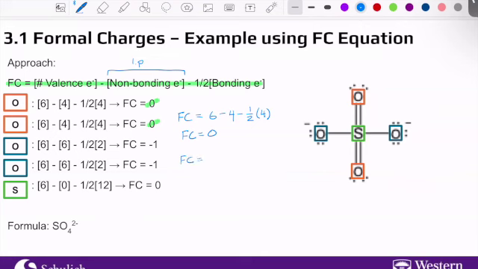Formal charge is equal to, it's again 6 because oxygen has 6 valence electrons, minus the number of non-bonding electrons, which you see there is 1, 2, 3, 4, 5, 6, as well as then minus half bonding electrons. We see that atom is connected to sulfur through 1 bond, which means this contributes 2 electrons, meaning then the formal charge of our blue oxygens is then -1.